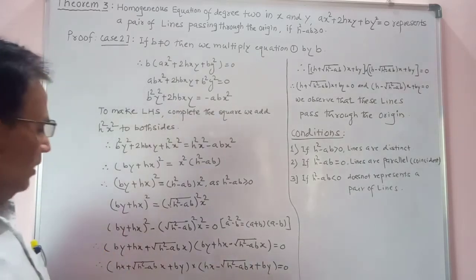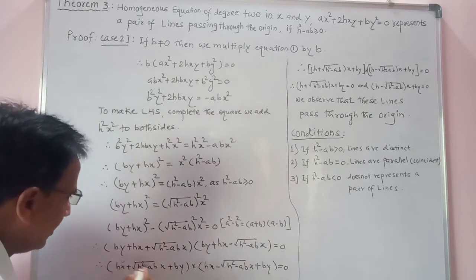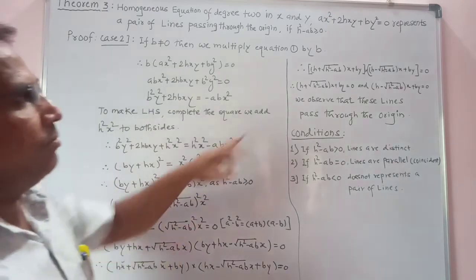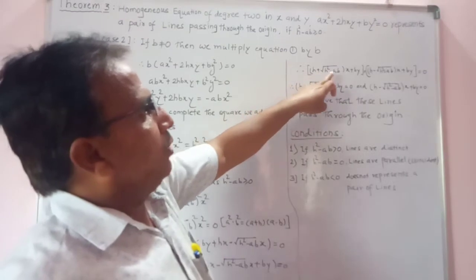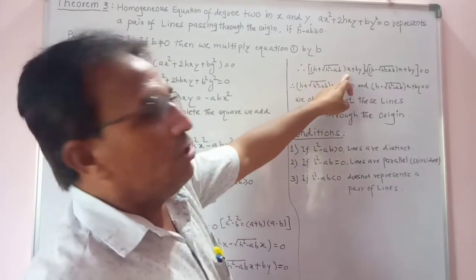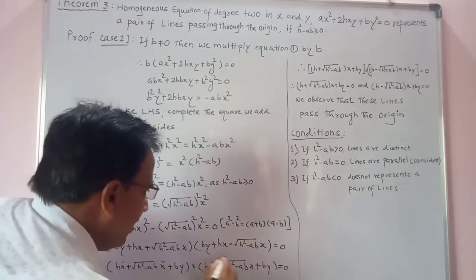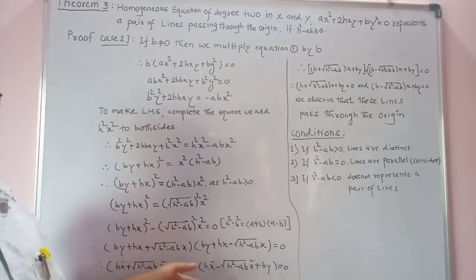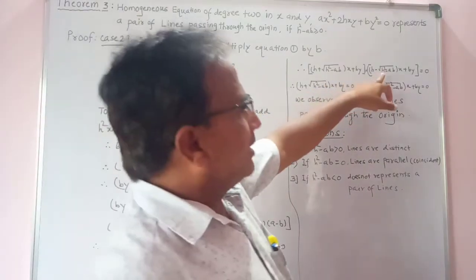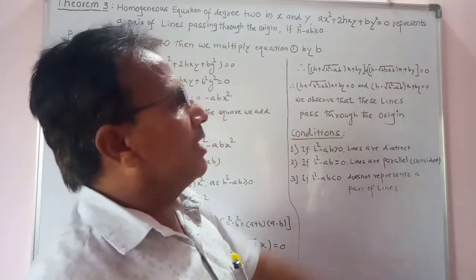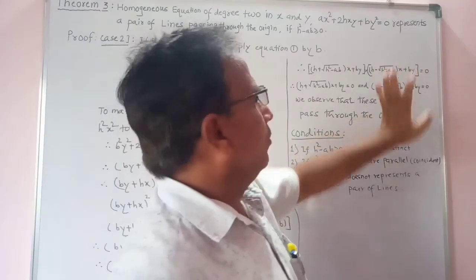Here x is common: (h plus root h square minus ab) into x plus by, and (h minus root h square minus ab) into x plus by equal to 0.